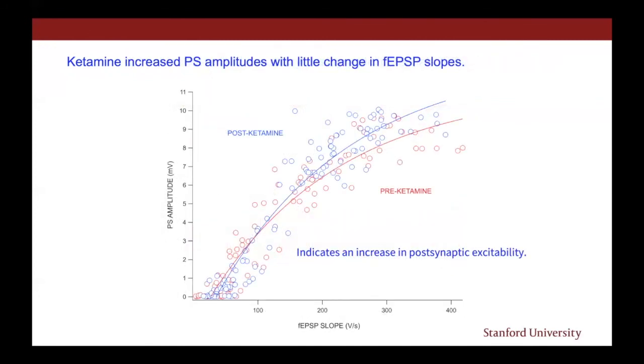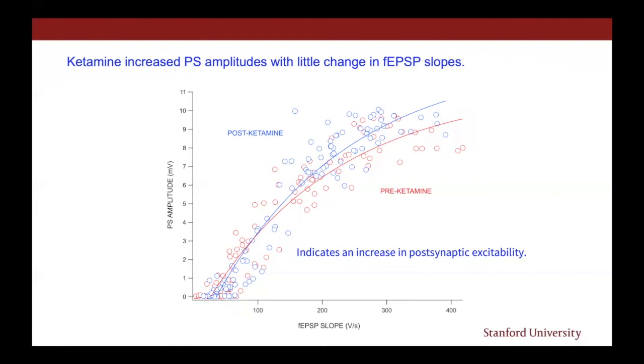We decided to confirm this using an IO curve that compares the population spike amplitudes before ketamine application to the EPSP slope before ketamine application, as well as that of population spike amplitudes after ketamine application and EPSP slopes after ketamine application.